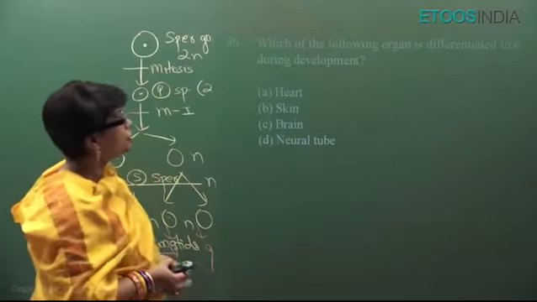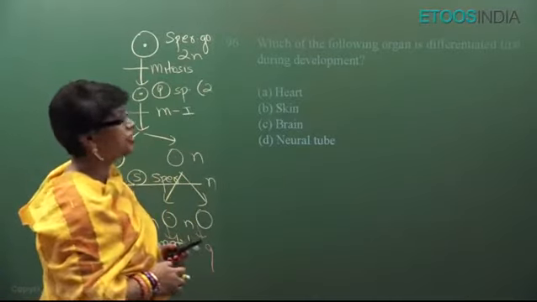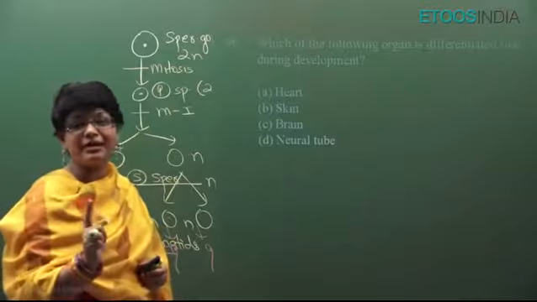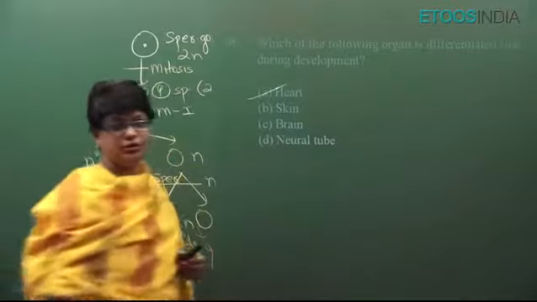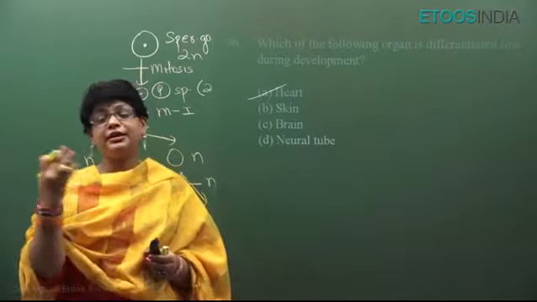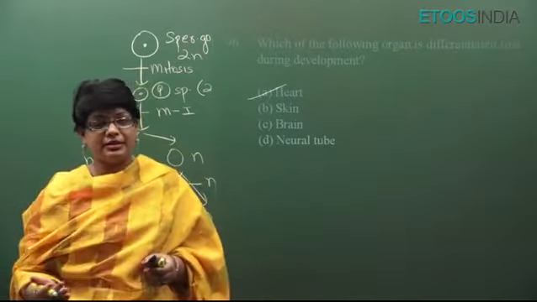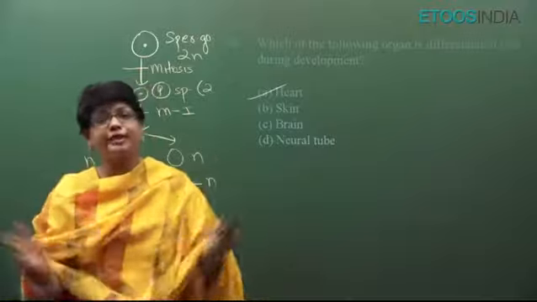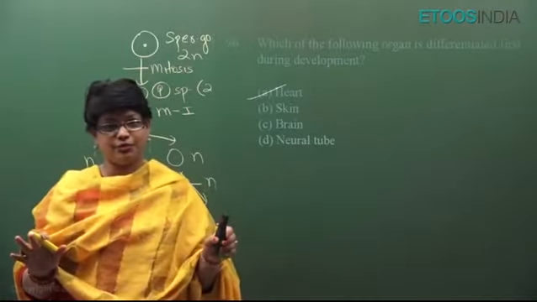Now, which of the following organs is differentiated first during development? We know at the end of 1 month, the heart is formed. So it is the first differentiated. By the end of 2 months, limbs and digits form. By the end of 3 months, almost all the important organs and organ systems are formed.